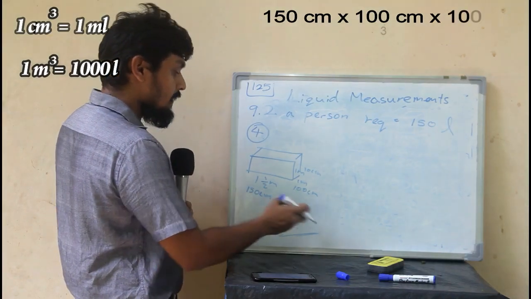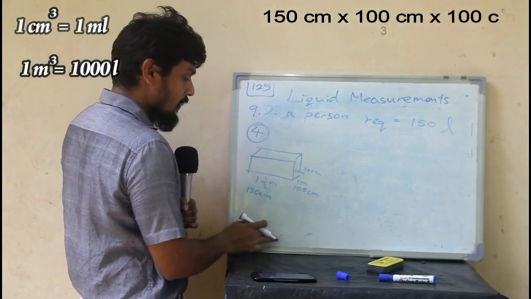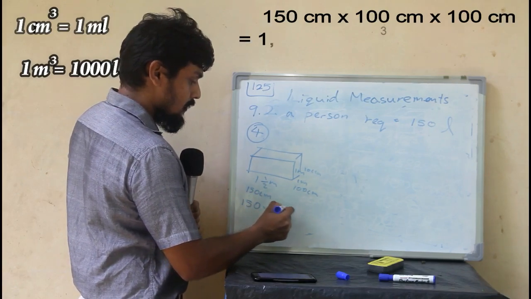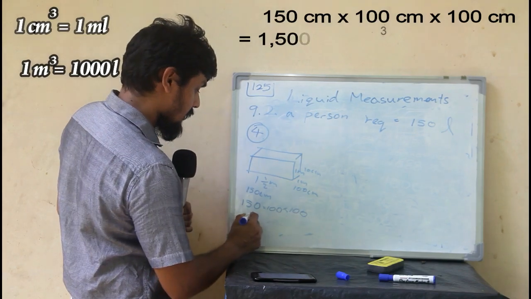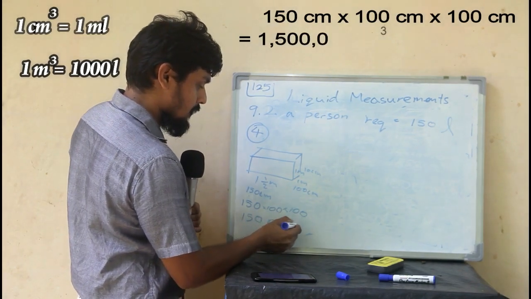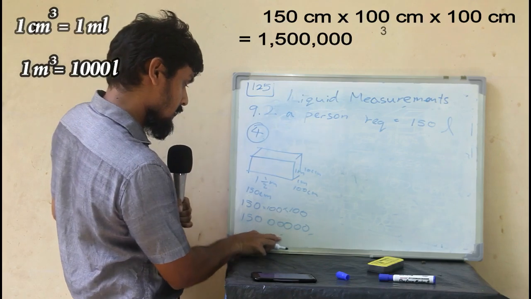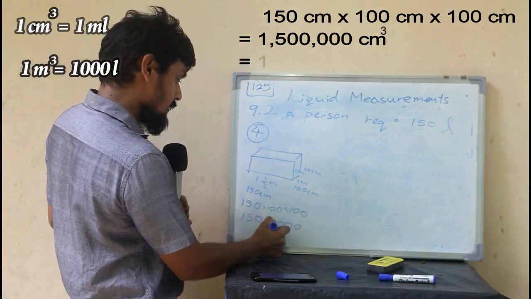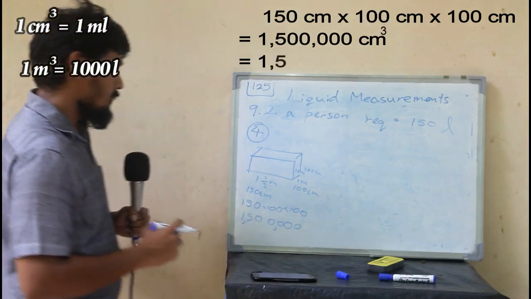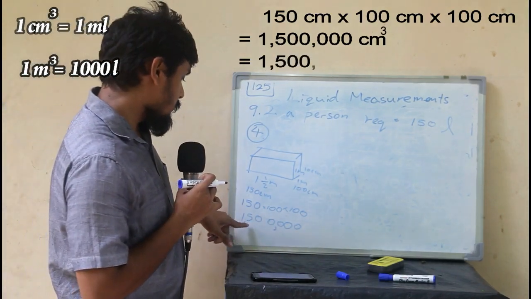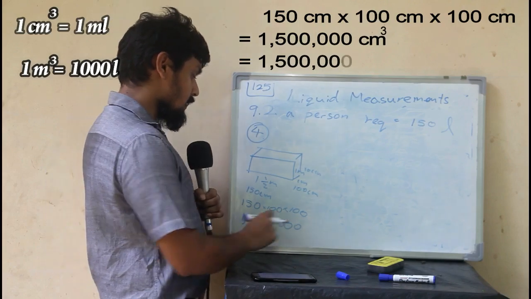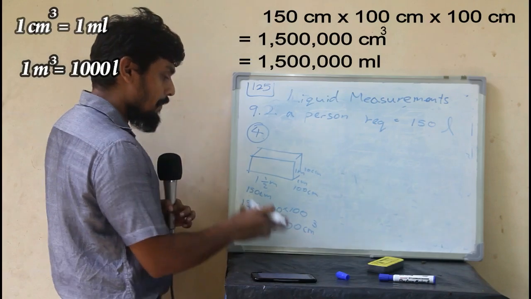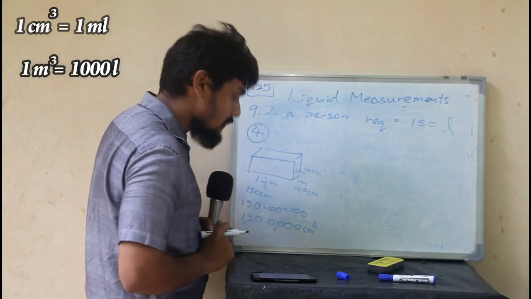So you can write the volume in cubic centimeters. 150 into 100 into 100 means 150 and 4 zeros, which is 1,500,000 cubic centimeters. So this is the capacity of the cuboid.